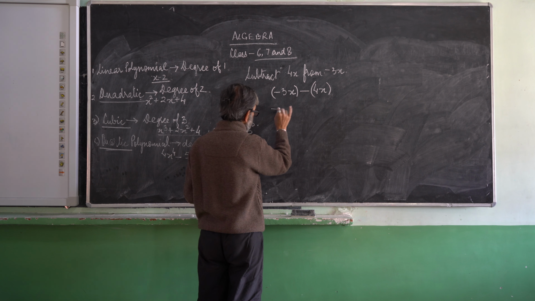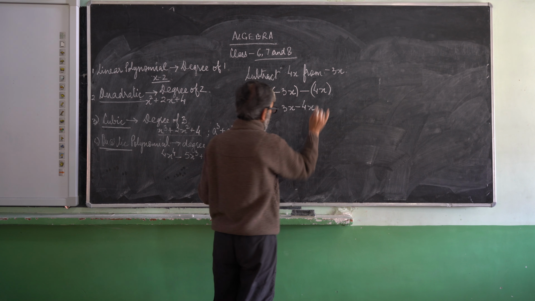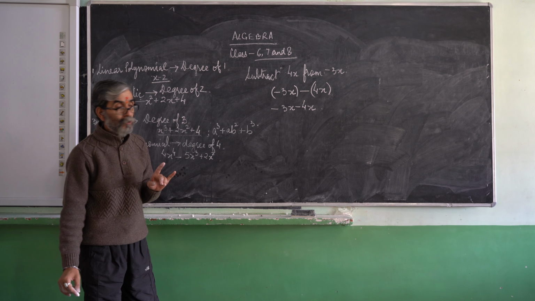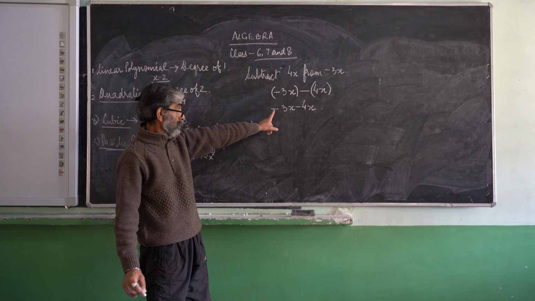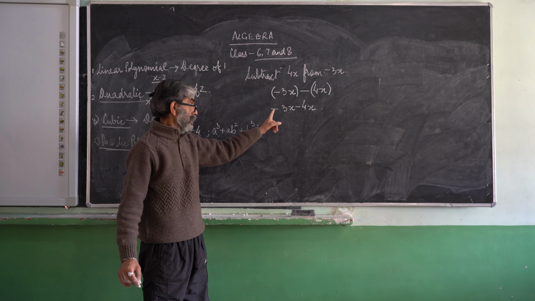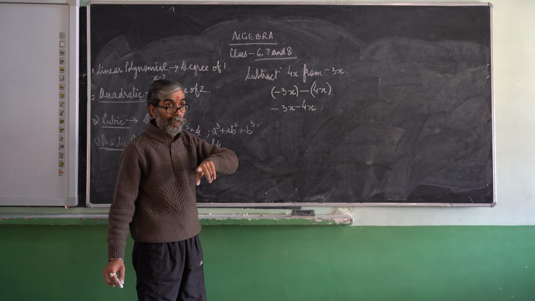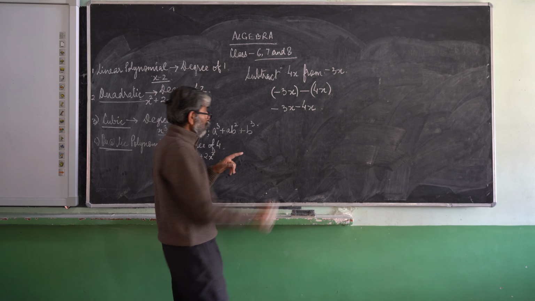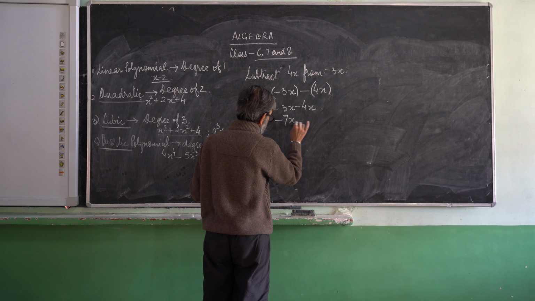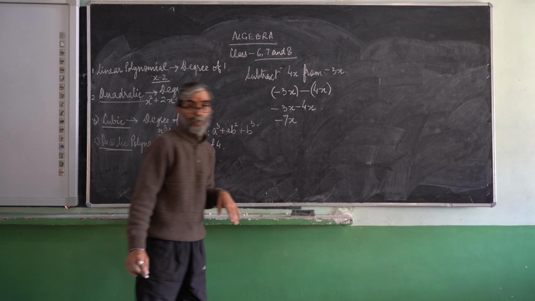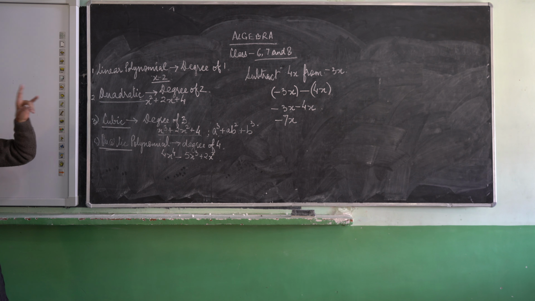Open the brackets, minus 3x minus 4x. And if you remember, I told you earlier when we were doing integers, numbers with same signs are added, and minus 3 minus 4 is minus 7, and put down the literal. This is subtraction of like terms.